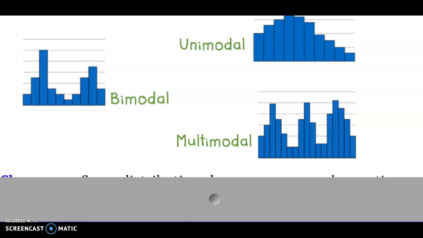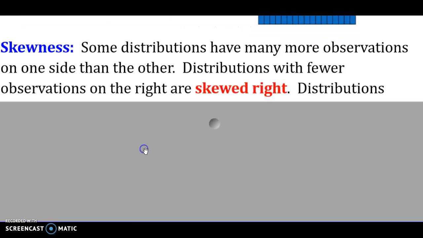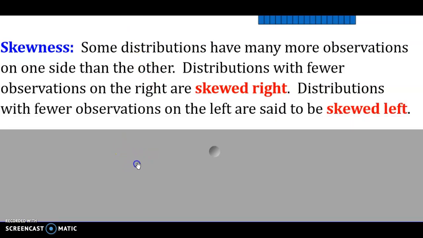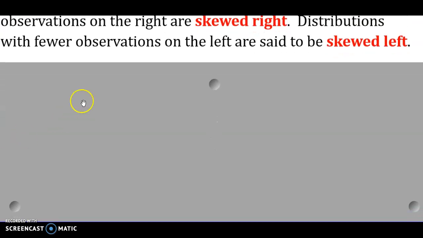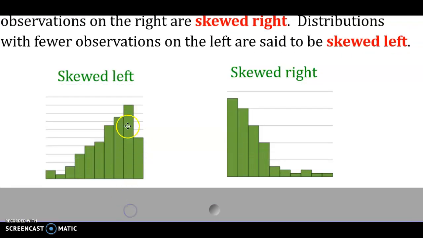Next, let's take a crack at skewness. Some distributions have many more observations on one side than the other. When you have fewer observations on the right, we say that it is skewed right. Distributions with fewer observations on the left are said to be skewed left. So let's take a look at what these are. It's skewed left because we've got a bunch of observations here, but we've got a few little ones on this way.